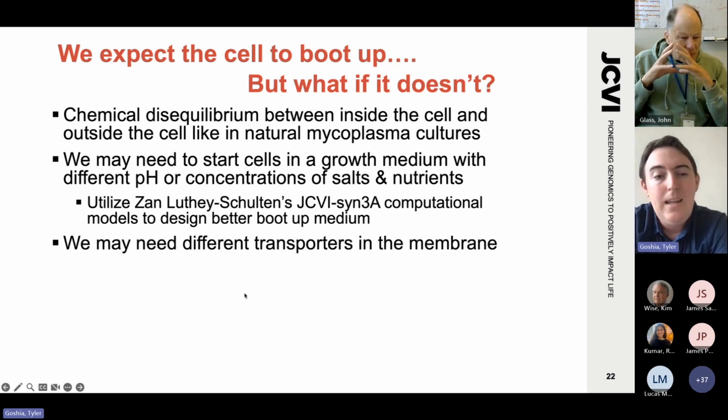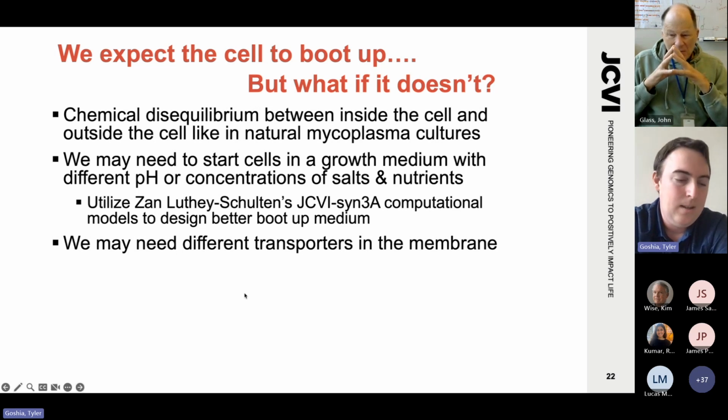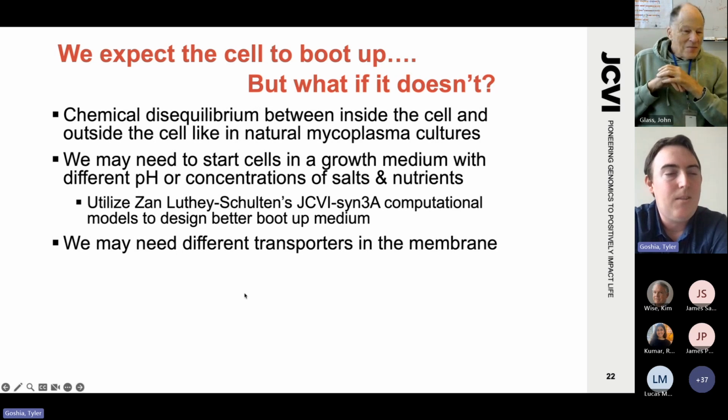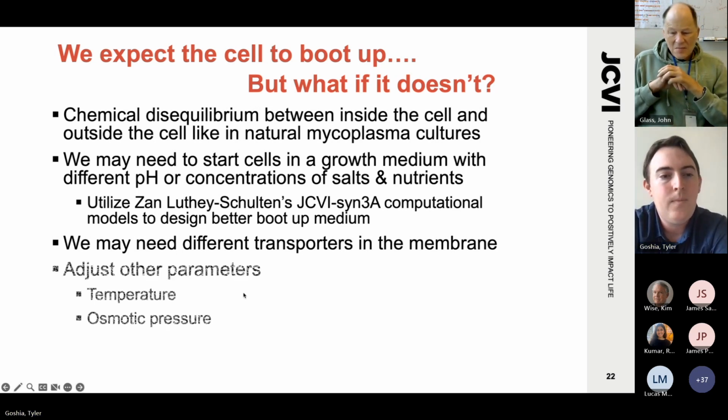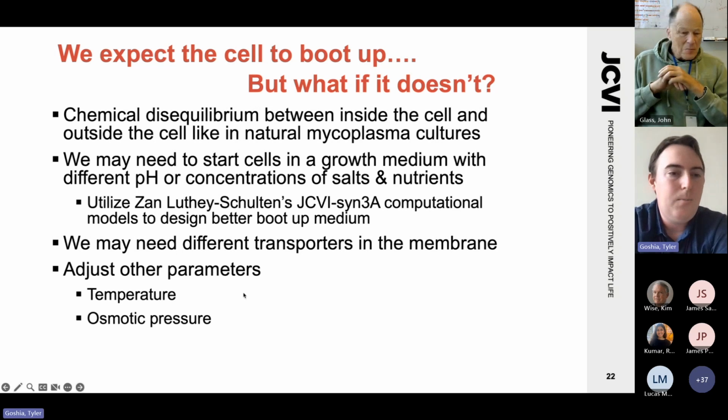And we might need different transporters in the membrane, or we might need to add more. Like we can try with the E. coli secretory system, but if that doesn't work, the programmable fusion system makes it very easy to sequentially add more transporters.